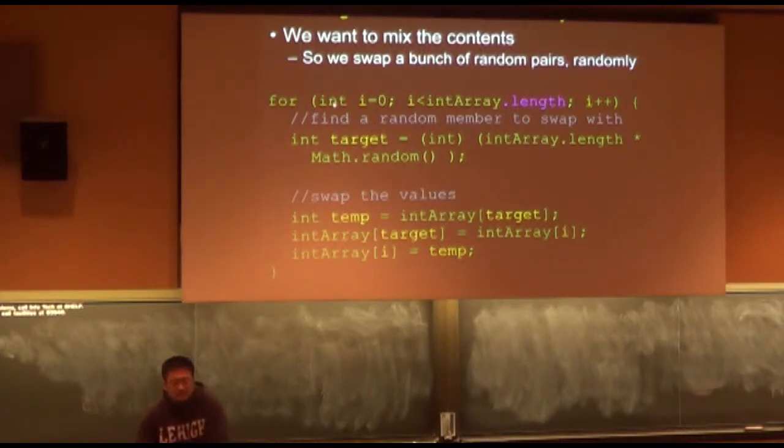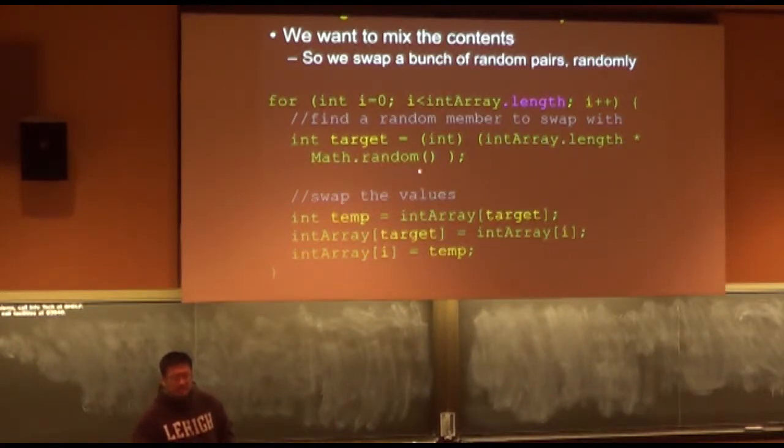So here we've got for int I equal to 0, I less than array.length. We start with looking for a random number, a random member to swap with. So here we'll find int target, and we'll assign it into int array.length times Math.random.